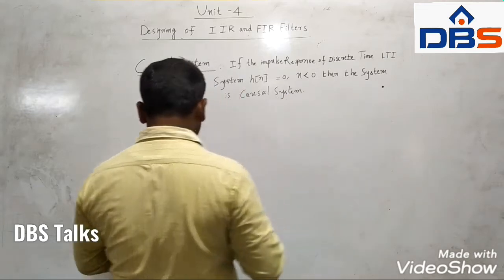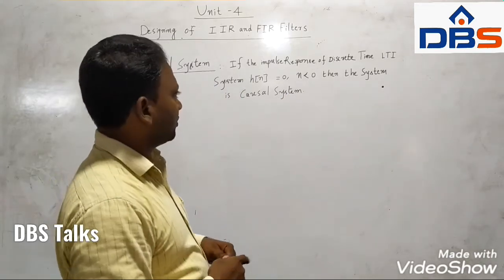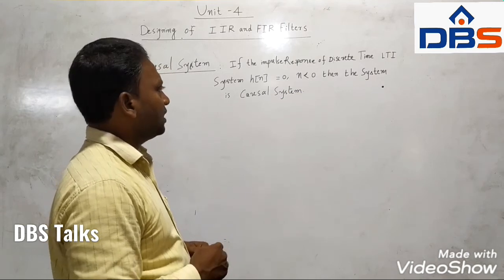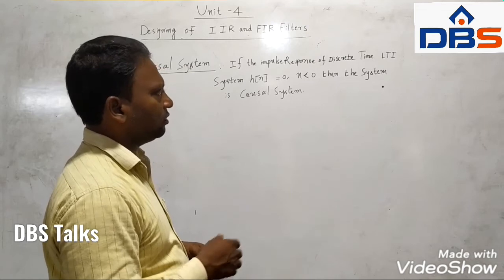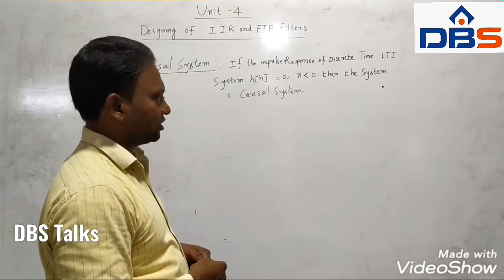Okay, so this is a simple definition of a causal system. If the impulse response of a discrete time LTI system h of n is 0 for n less than 0, then the system is a causal system.